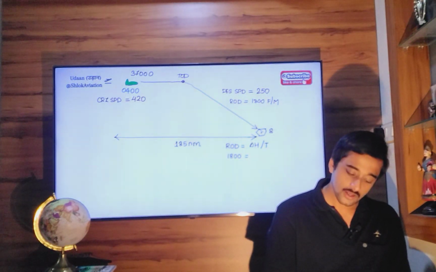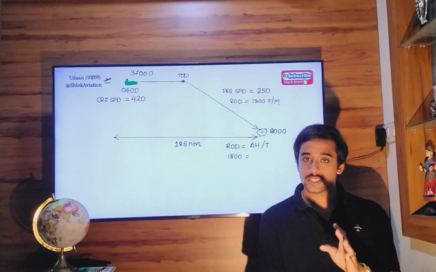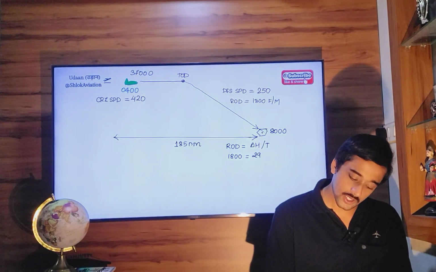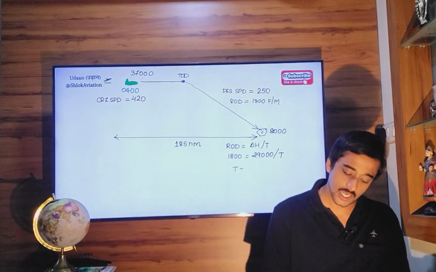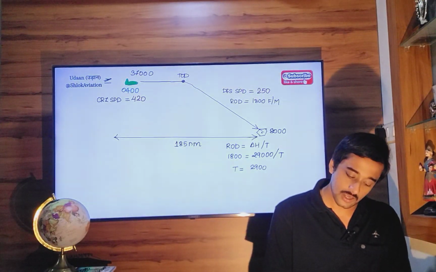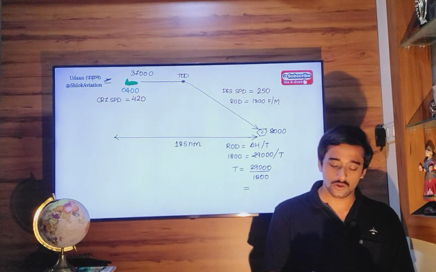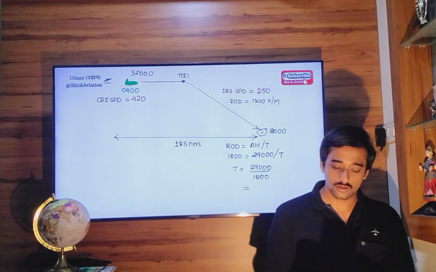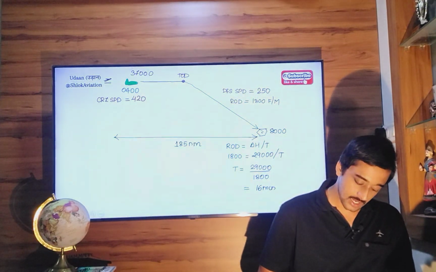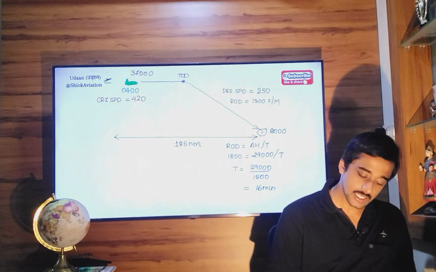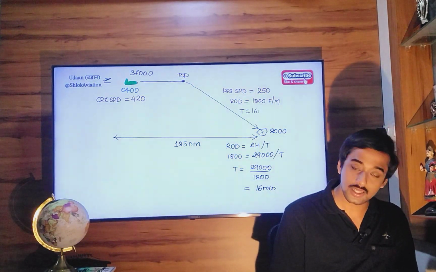So the height difference is 37 minus 8, that is 29,000 divided by time. So let's find out the time taken to descend that much. 29,000 divided by 1,800, which is equal to 16 minutes. Okay, so this is the time taken to descend from 37,000 feet to 8,000 feet.